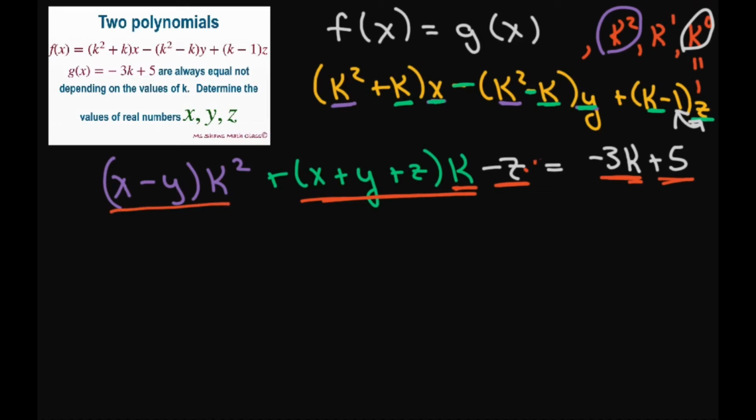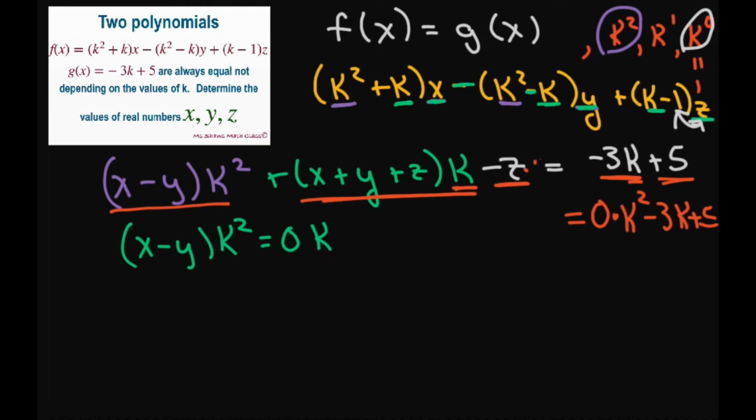We don't have anything to match up with the k squared here, so you could put a placeholder and say this is 0 times k squared, then minus 3k plus 5. So x minus y times k squared equals 0 times k squared; you match those up, and you can divide the k squared out.